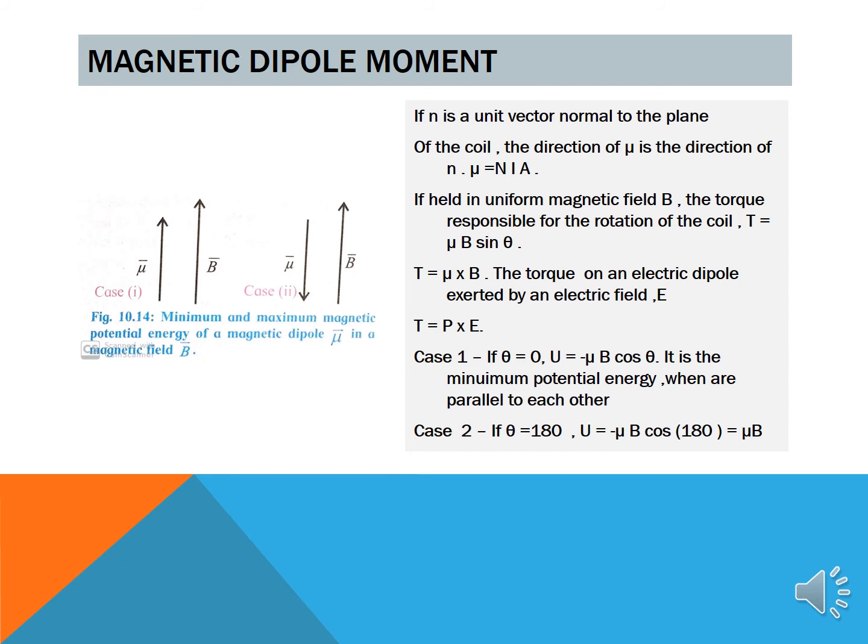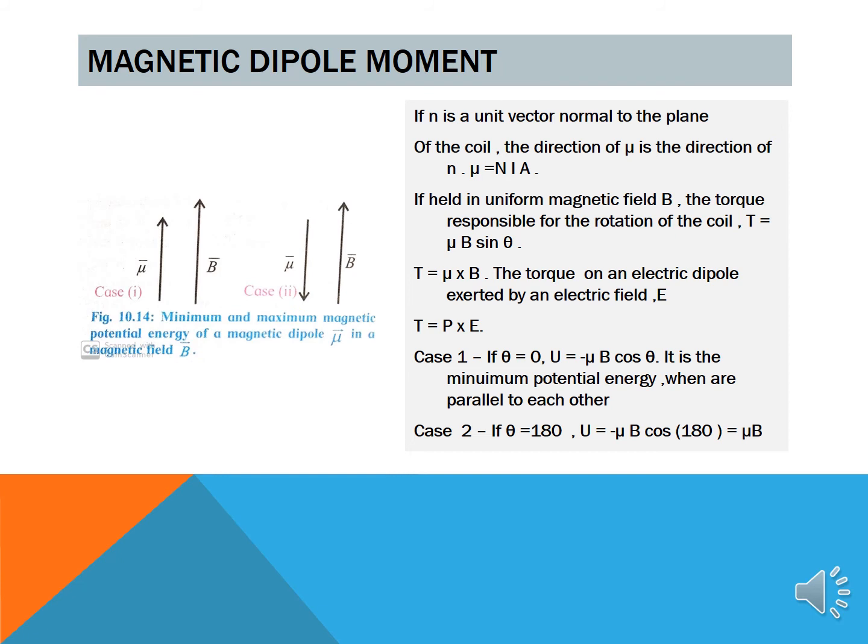Let us now consider the two cases mentioned in figure 10.14. In diagram A the two arrows point in the same direction, whereas diagram B shows the two arrows in opposite directions to each other. In the first case, where theta is equal to 0, U is given by minus mu B cos theta, which is minus mu B. It is the minimum potential energy, where they are parallel to each other.